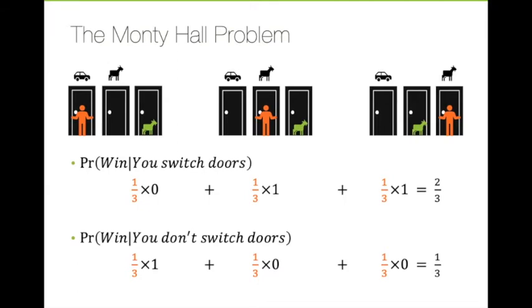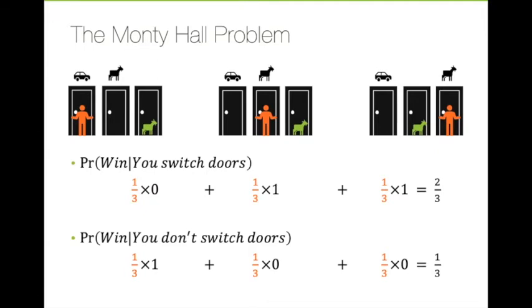So we're just saying you win if you switch in this one, or you don't win if you switch in this one. First, we're going to consider what's the probability that you win given that you switch doors. And we'll look at each of these circumstances in turn.